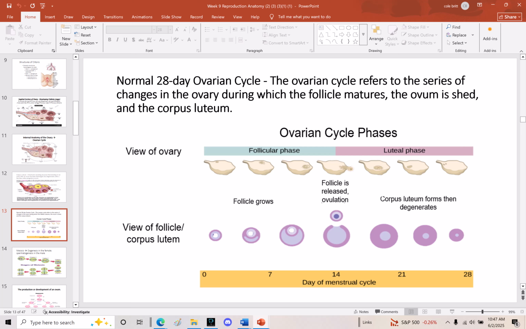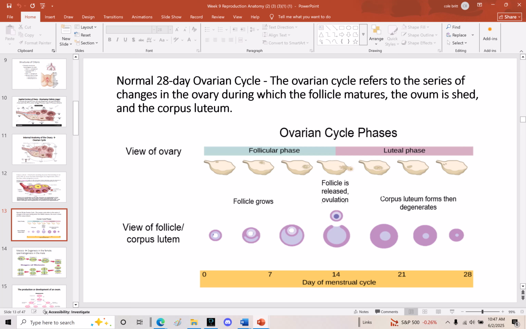Why do you ovulate on the 14th? Is it the hormone that you produce? Hormone produced, yeah. Menstrual cycle, yeah.